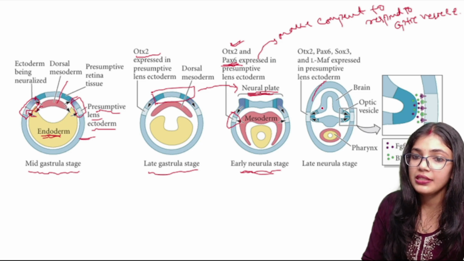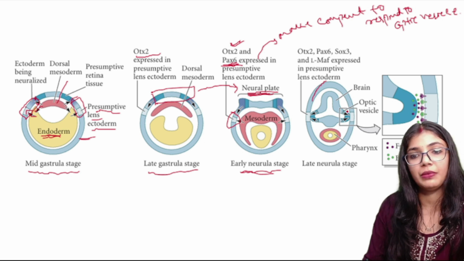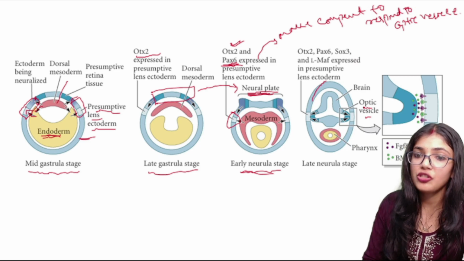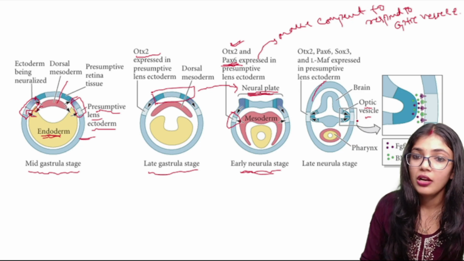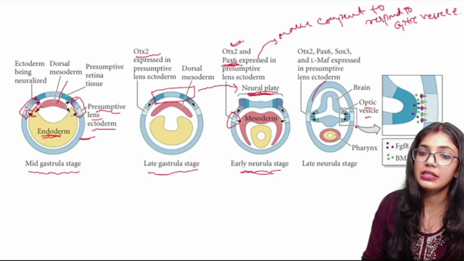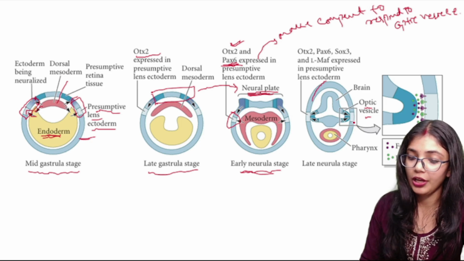From this brain there is an extension in two regions, which is known as the optic vesicle. This optic vesicle will give a signal to the ectoderm.